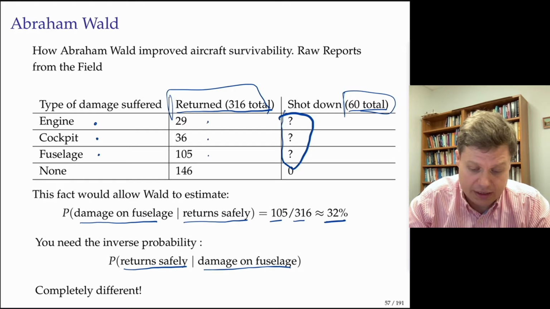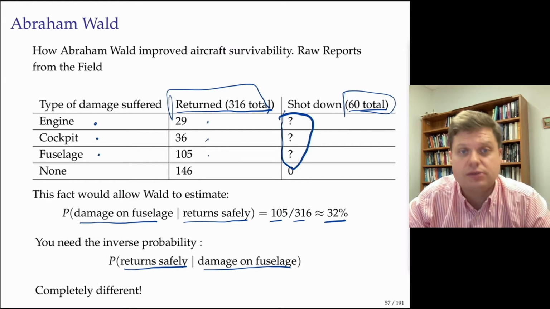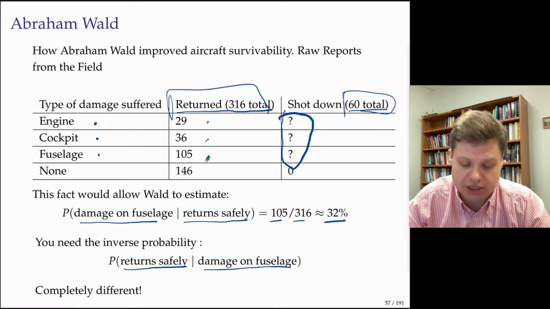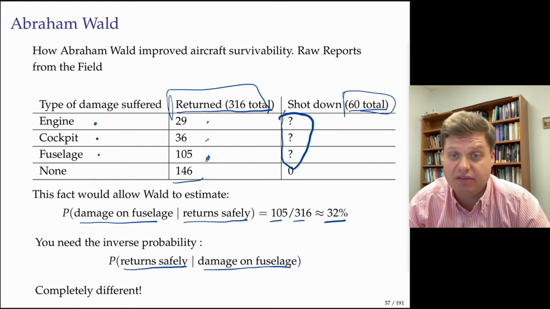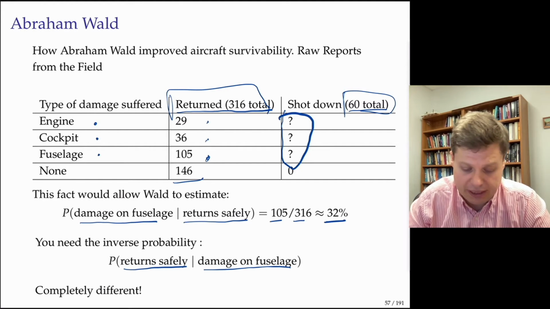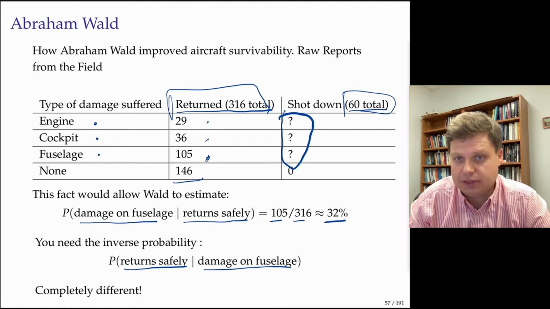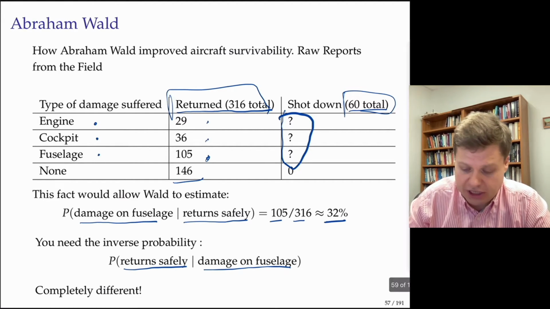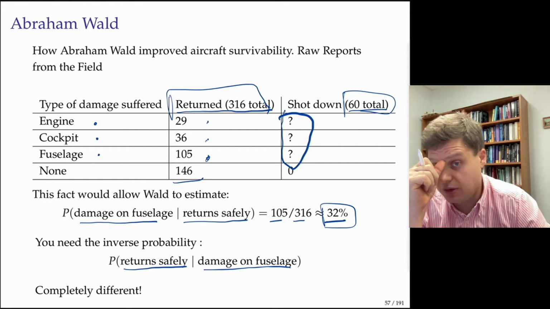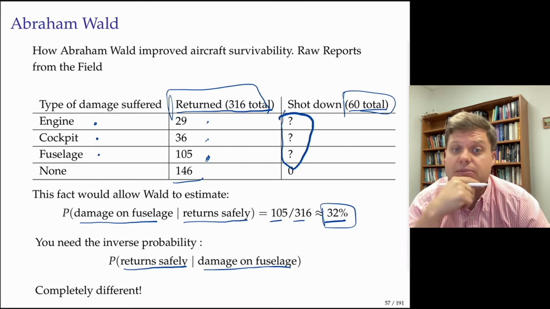And 29 had damage to the engine, 36 to the cockpit, and 105 had damage to the fuselage, and 146 had no damage whatsoever. And of course, given this data, you can calculate the probability of damage to a specific part of the plane, like here, damage to the fuselage, given that the plane returned safely. And for the fuselage case, it's 32%. So out of those planes that returned safely, the largest proportion of them had actual damage to the fuselage.